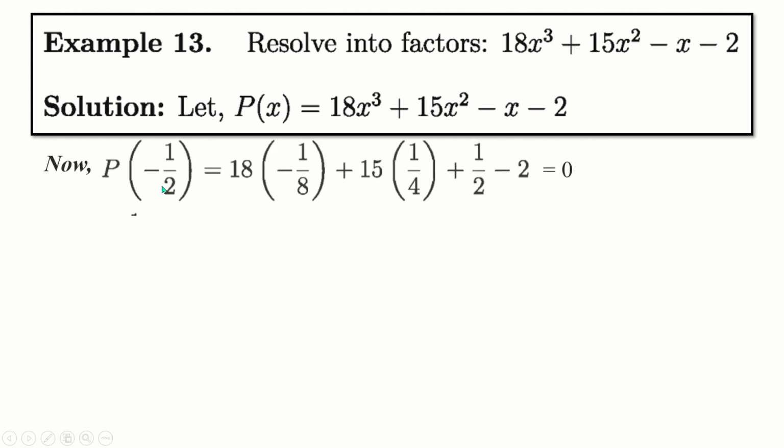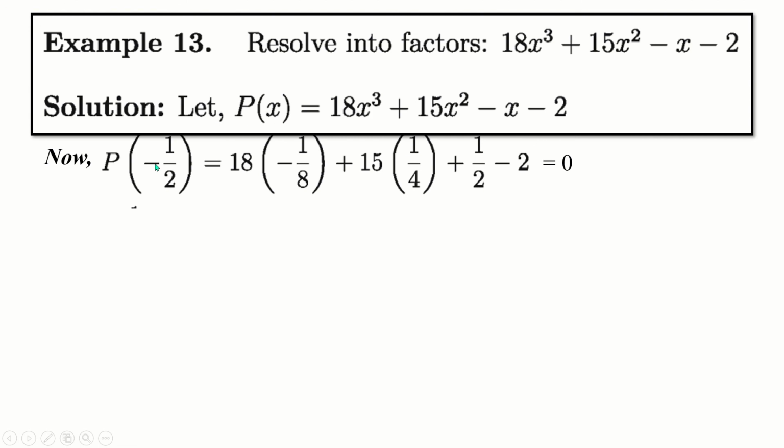Okay, when we put x equal to minus half, the result here will be 18 into minus 1 by 8 plus 15 into 1 by 4, because here is x square, plus 1 by 2 minus 2, this equals 0.